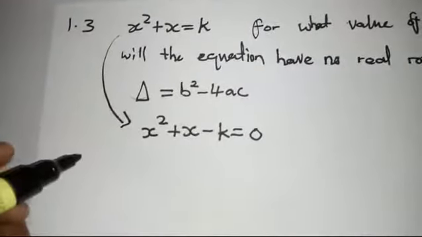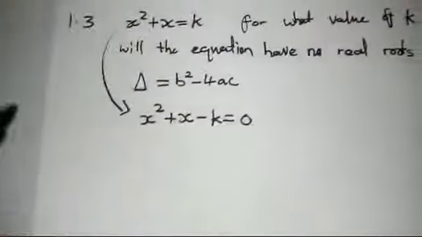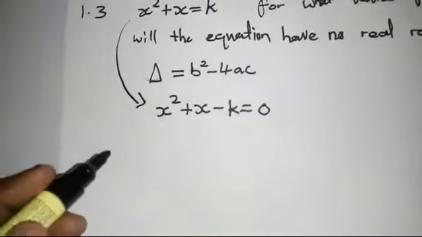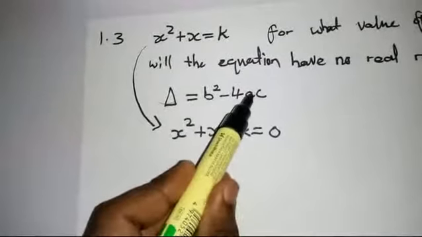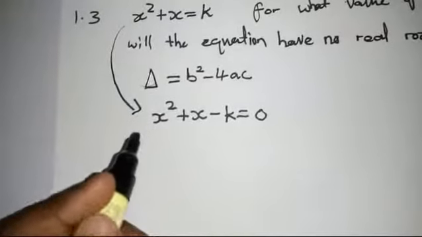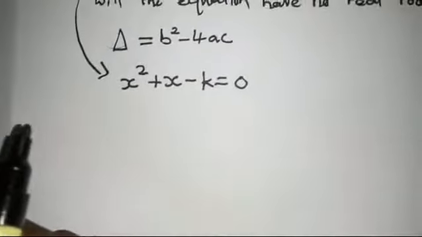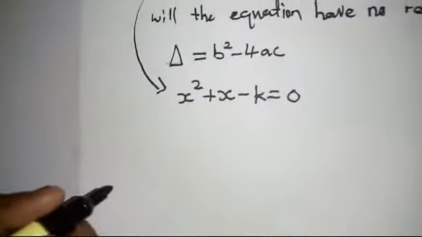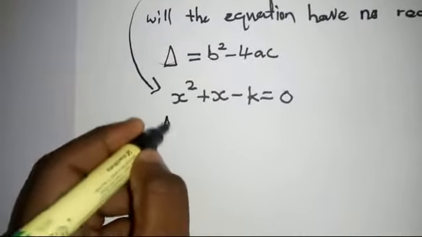As I explained on the previous question, you need to understand the concept of the standard form of the quadratic equation to find your value for B, your value for A, your value for C. If you check on question 1.1.2, you'll see how I determine the values for B, A, and C. So it will become like this.